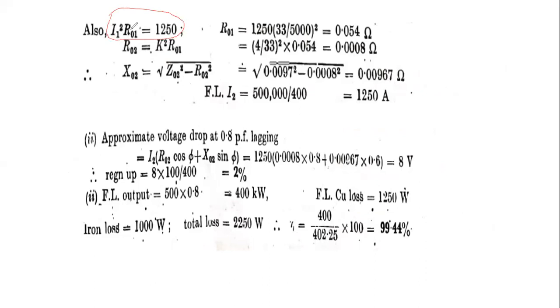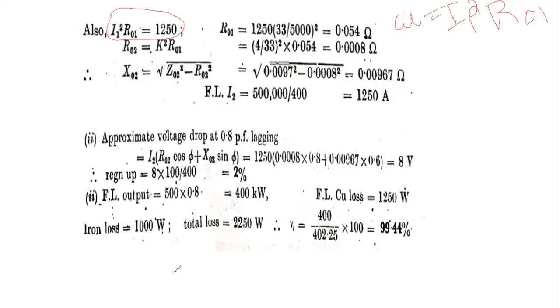The copper loss is equal to I square into R, where R means R01 and I means I1.